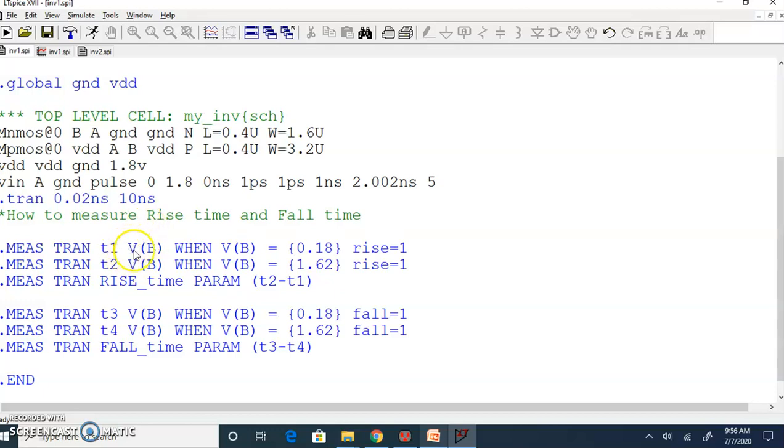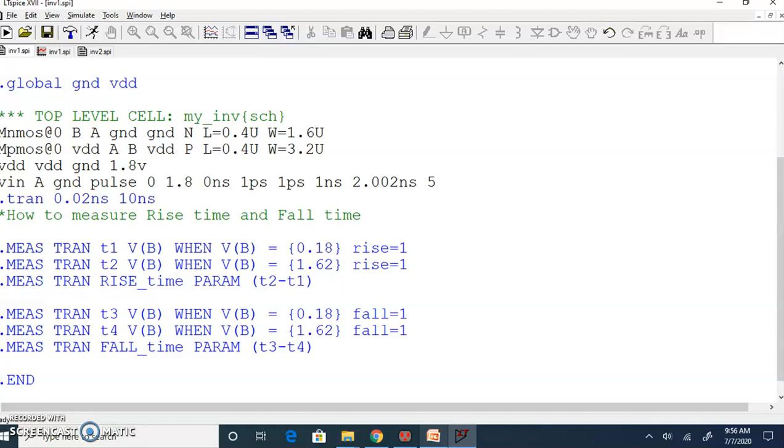So I'll measure T1 on VB when VB is 0.18 volt. That 0.18 volt is nothing but 10% of my VDD. My VDD is 1.8 volt, so 10% of VDD is 0.18 volt and 90% of VDD is 1.62 volt.